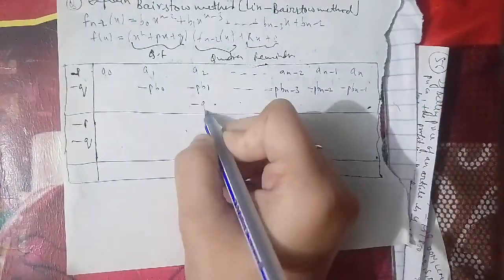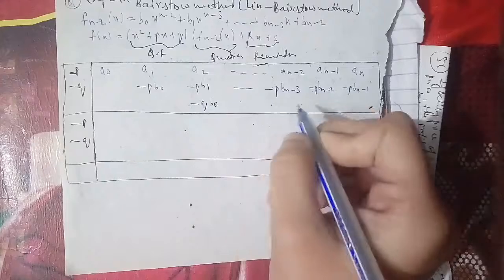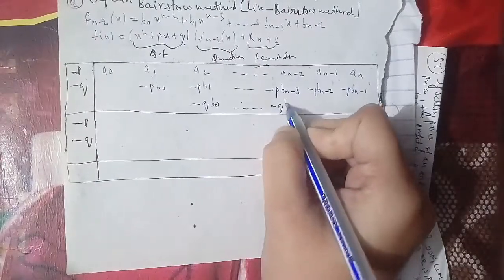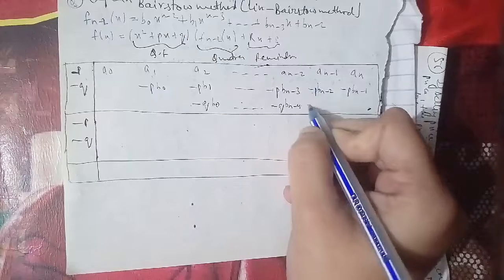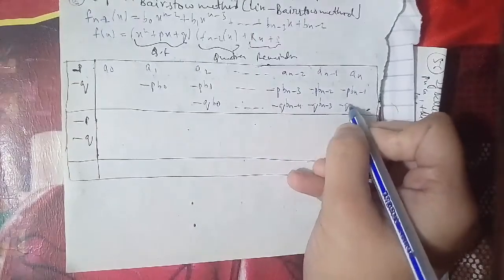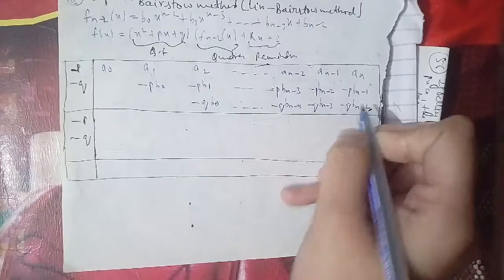For this it has been minus Q B0, which has been 0, minus Q Bn minus 4, minus Q Bn minus 3, minus Q Bn minus 2.